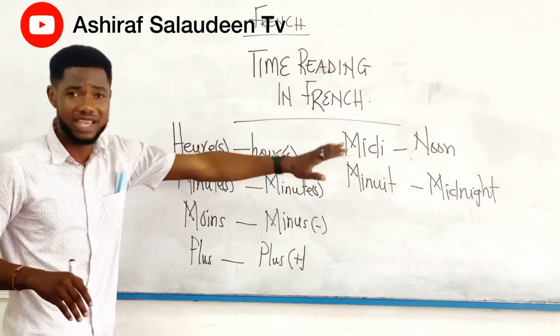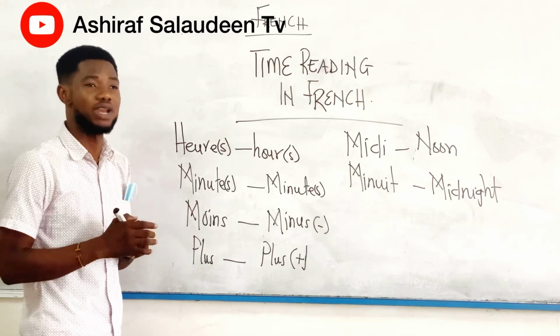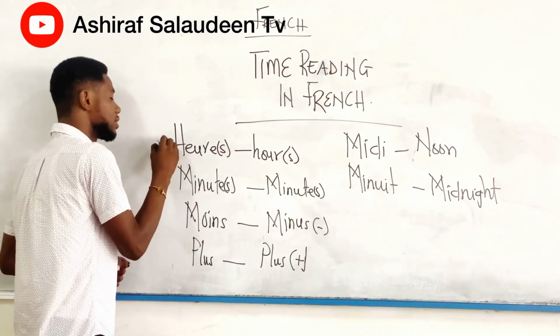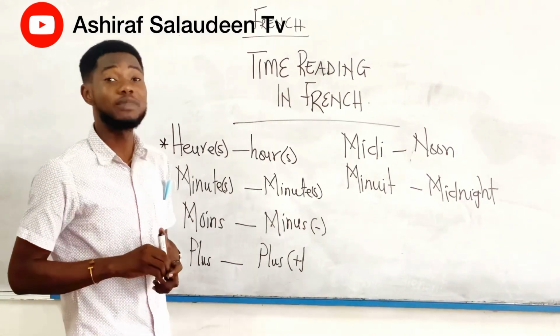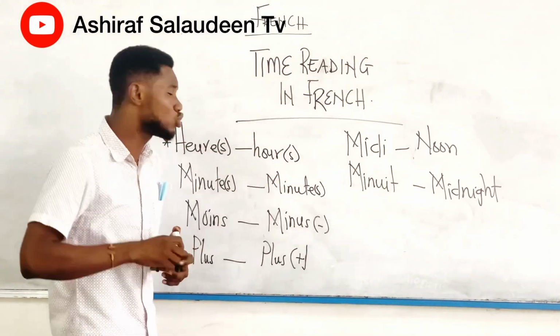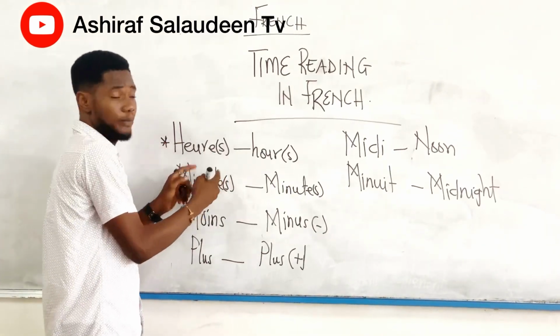These are general terms that we need to know when it comes to time reading, especially this. In telling the time in French, you are supposed to mention the hour.